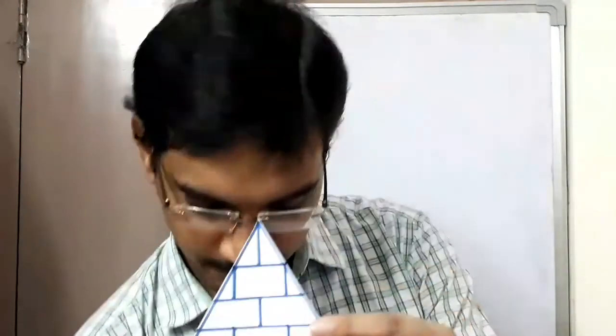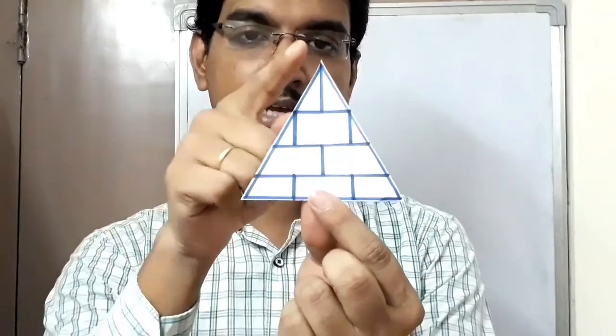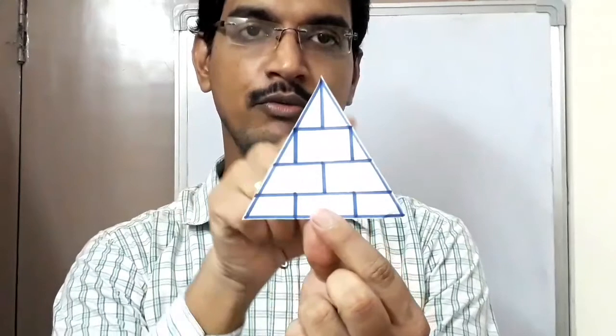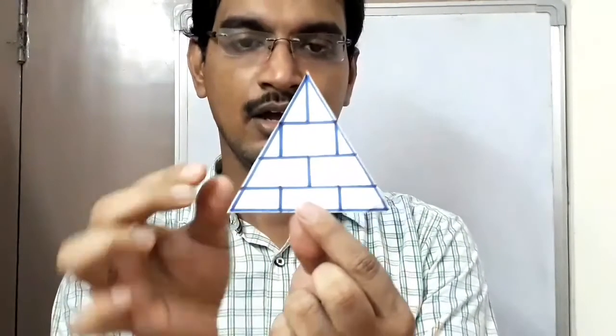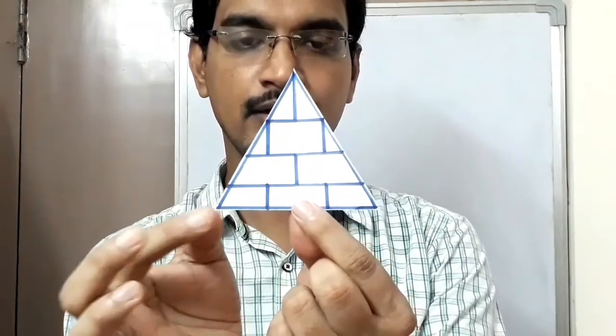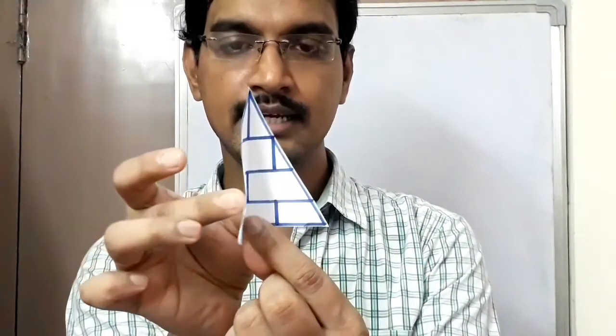And I want to show you another thing. I am taking a pyramidal structure like this. A pyramid structure of an equilateral triangle. That means all the sides are same. Now I want to flip this corner to the other side such that this corner and the corner at the other side will coincide each other.